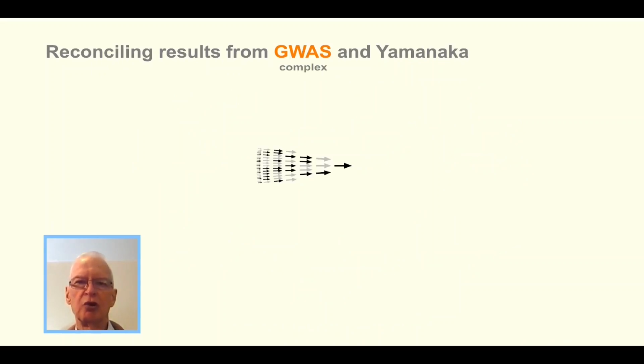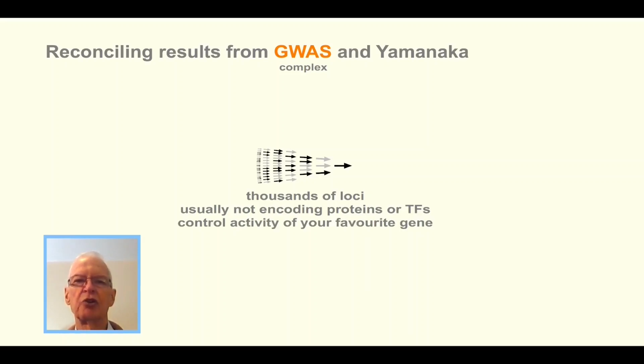You will recall that I said before that GWAS can be viewed as pointing to complex regulation when thousands of loci around the genome that do not usually encode proteins or factors control the activity of your favorite gene.